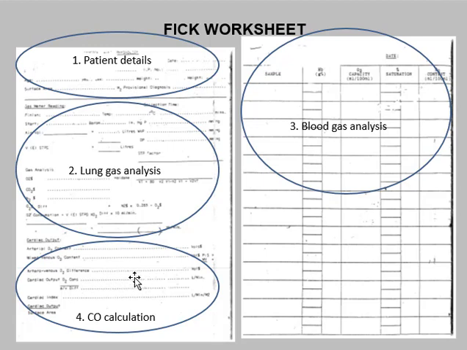So we need to know the value for the arterial and the venous oxygen content. And the difference divided into the oxygen consumption gives us the cardiac output. Again, in words, it's tedious, and it is tedious on paper as well, but it's easier to understand seeing the figures, which is what we're about to do now.